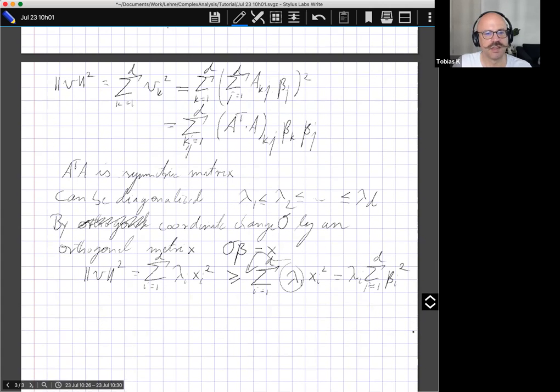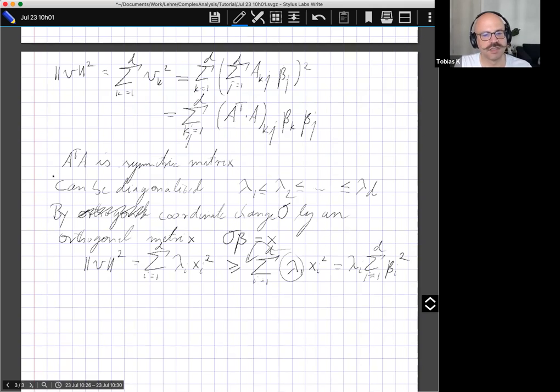Okay, and this estimate from here to here, where this is lambda 1, this is what I will use in the following.